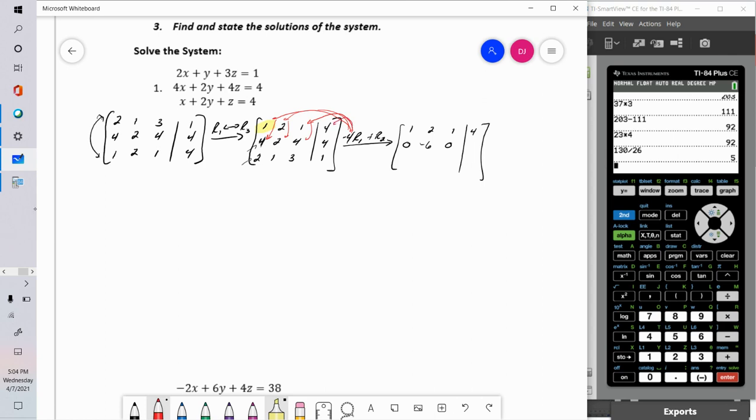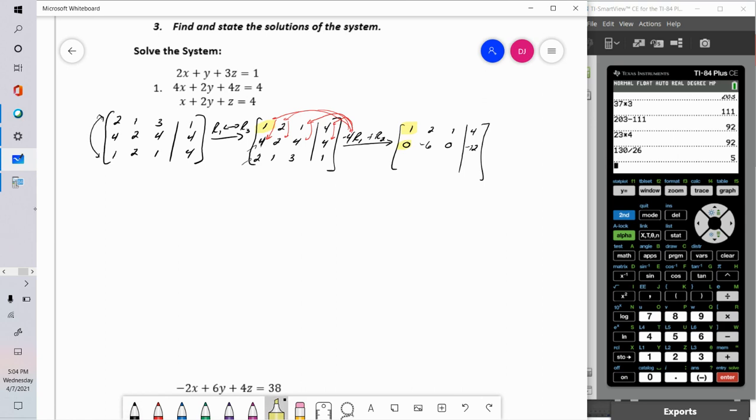Negative 4 times 4 is negative 16 plus 4 is negative 12. Notice now I have the 1 in the first column, and I also have the 0 in the first column.